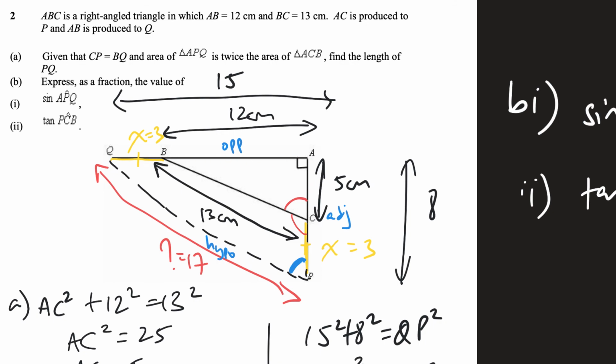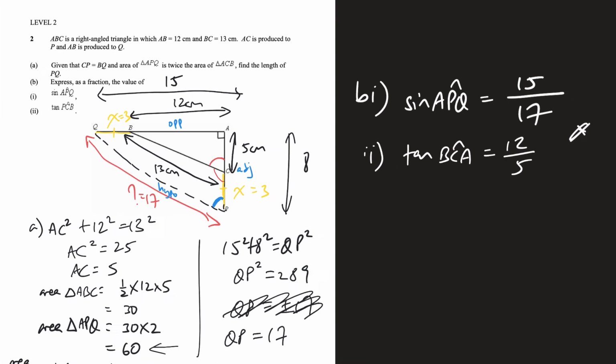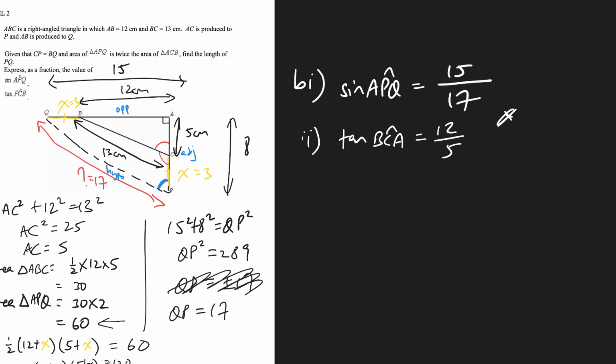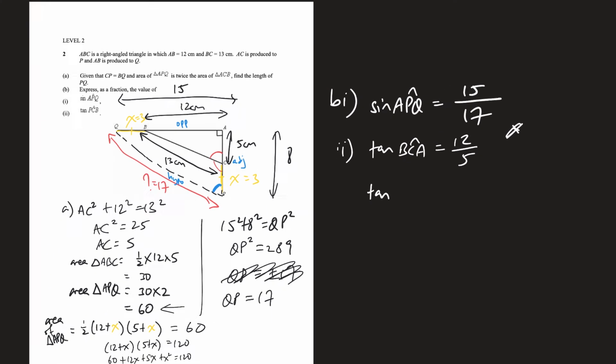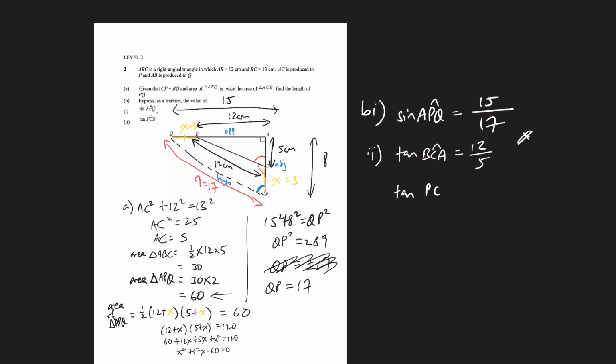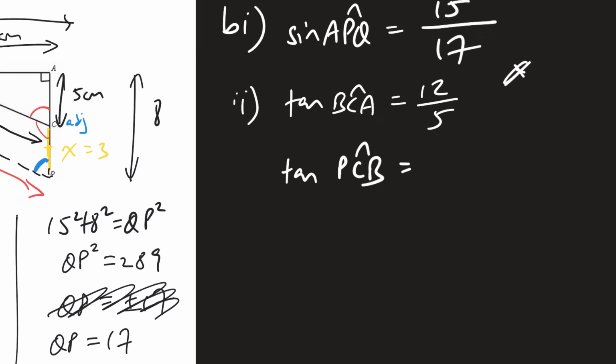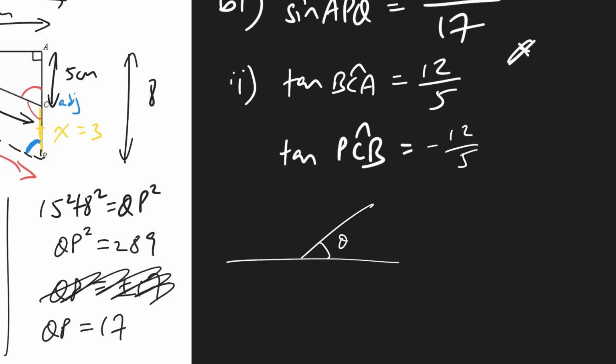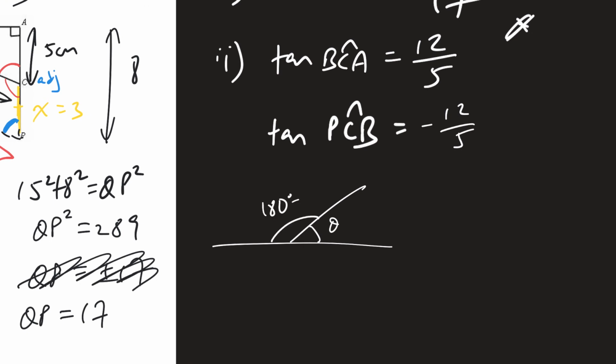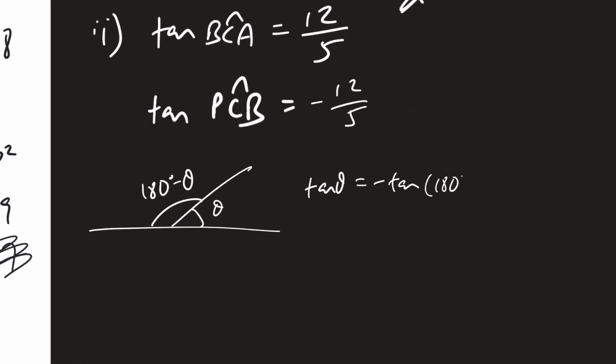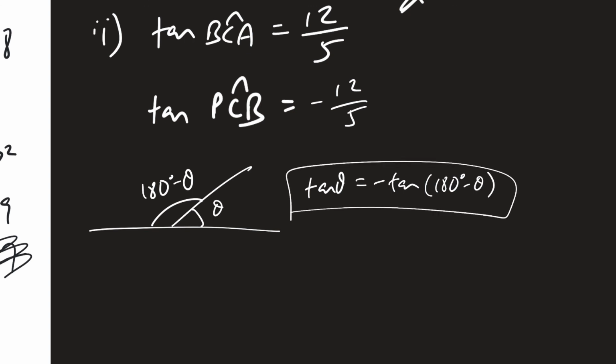So 12 over 5, and then we know that tangent of PCB therefore has to be the negative of that. Once again, it's a recap. We know that tangent theta equals negative tangent of 180 minus theta. So this is a result that we are using to get this.